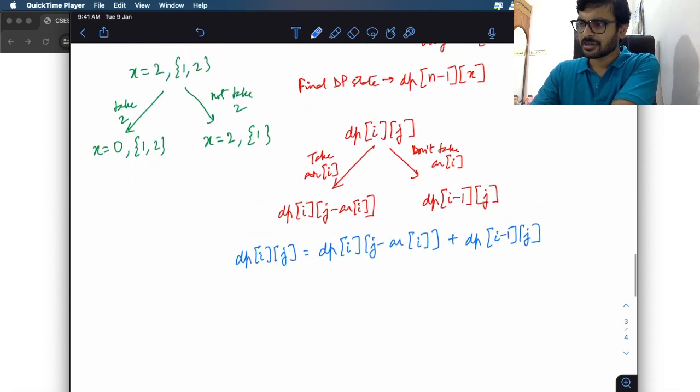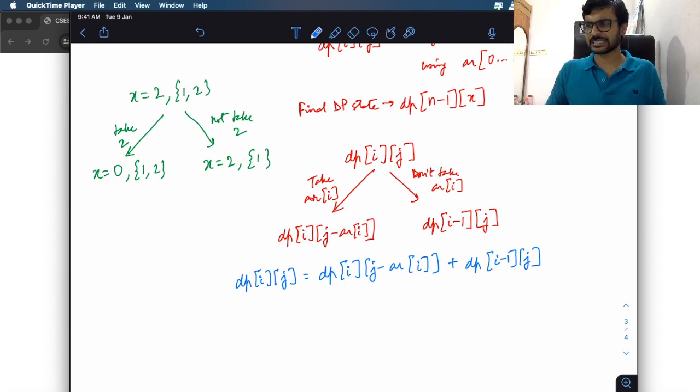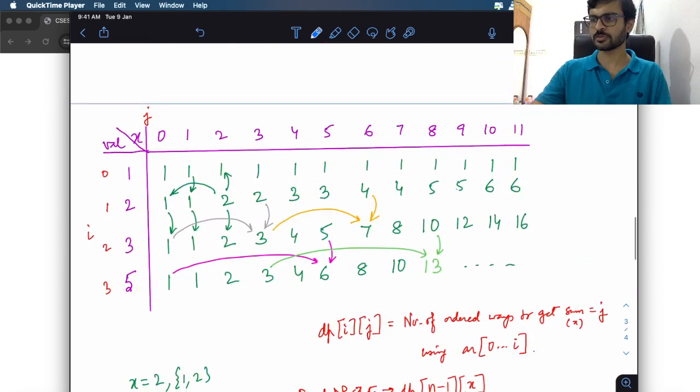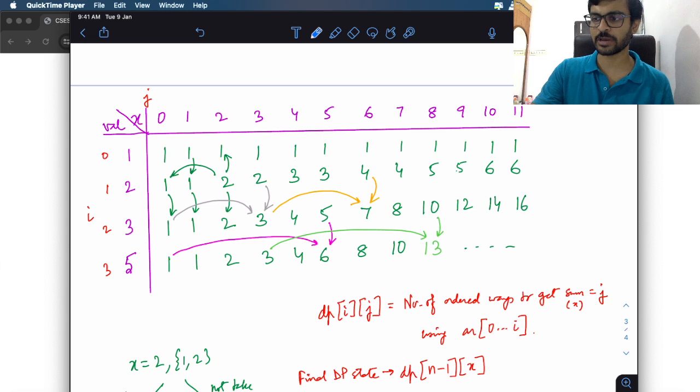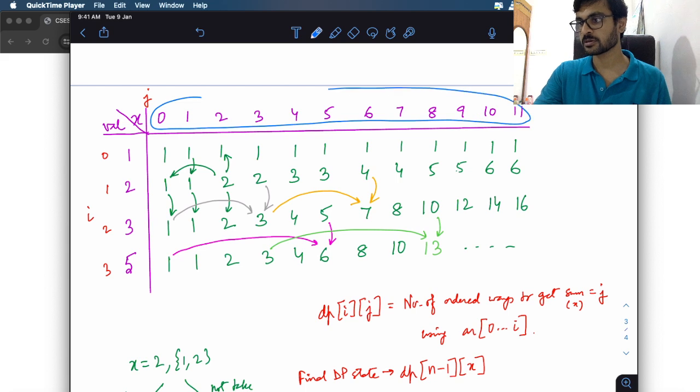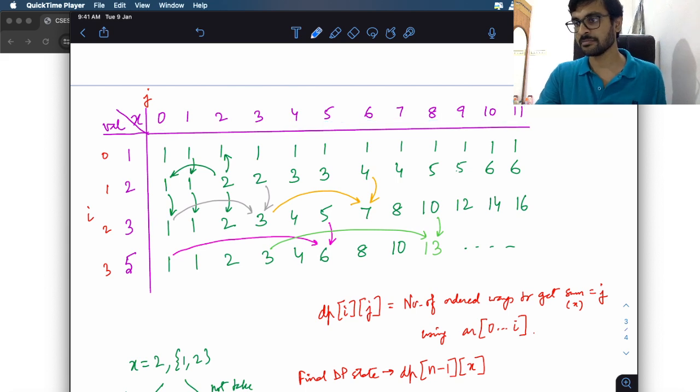Before that, how to implement this? We can basically write two loops for increasing i and increasing j. So the outer loop can be on i, that is the coin's value, and the inner loop can be on j. So it will go through the sum.